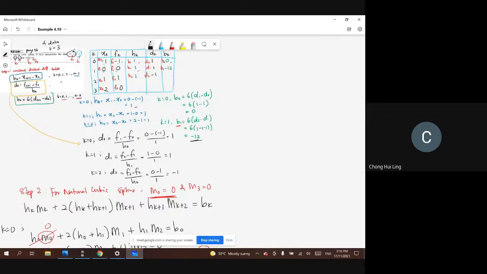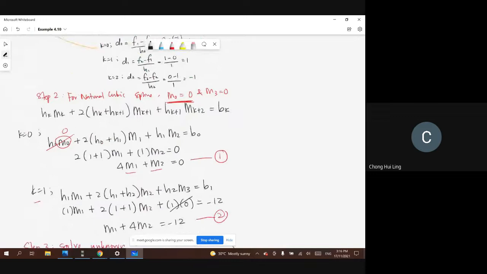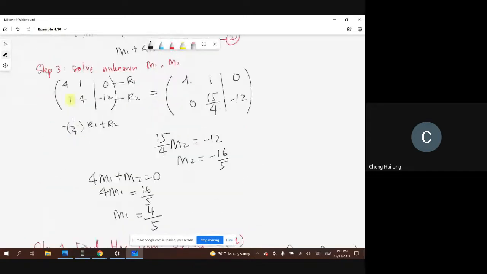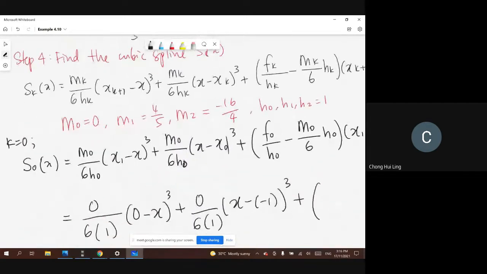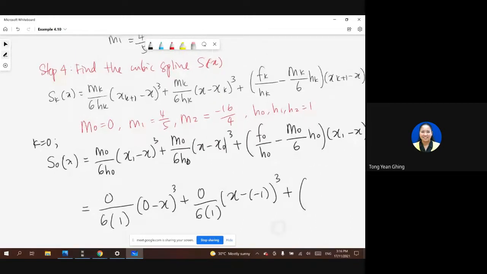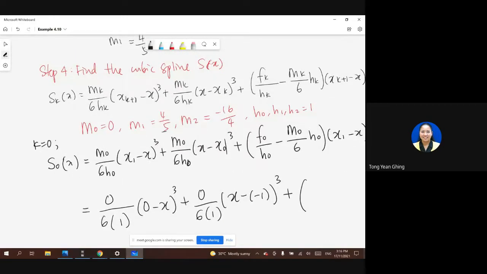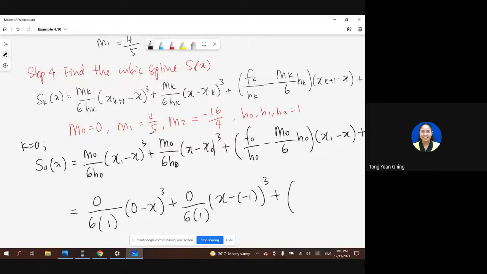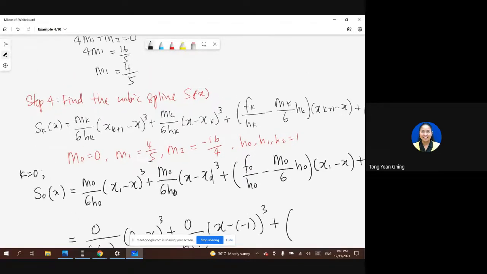Doctor, the M1 is 4 over 5. Which one? I put it already. M1, 4 over 5. I substituted already. Haven't I? Oh, this one. Oh, sorry, the equation I wrote wrongly.